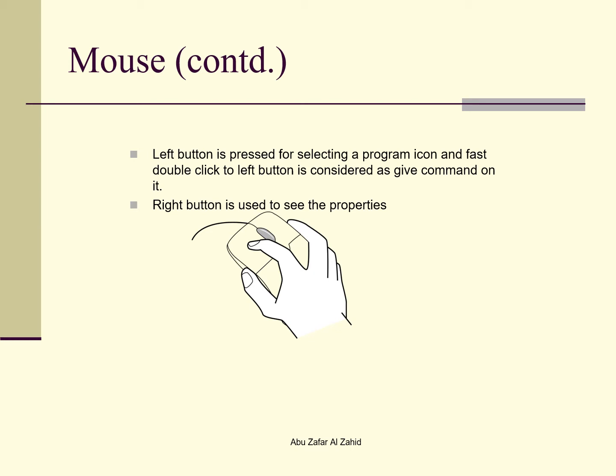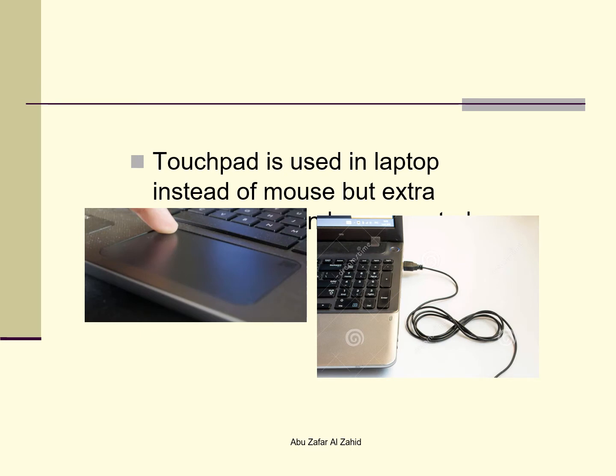Right button is used to see the properties of a file. Touchpad is used in laptop instead of mouse. An extra mouse also can be connected to our laptops that can perform the work of pointing.